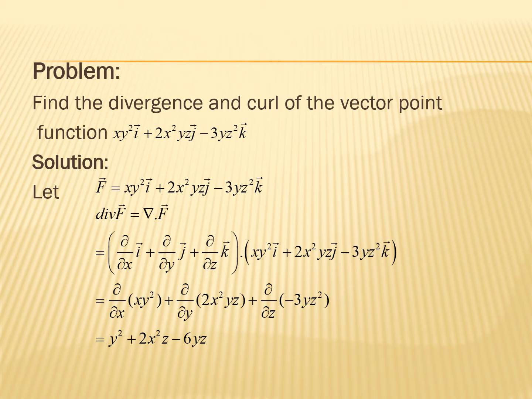First, the partial differentiation with respect to x gives y square. The next term, with respect to y, gives 2x square z. The next term, with respect to z, gives minus 3y into 2z, which is minus 6y z.